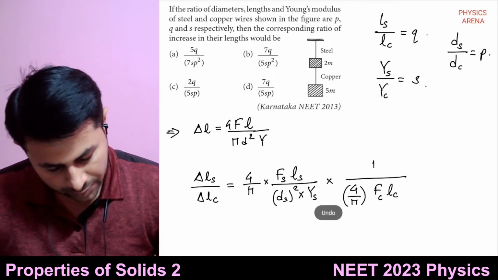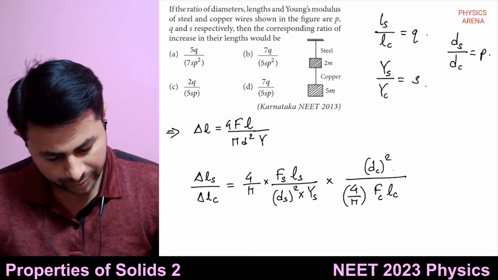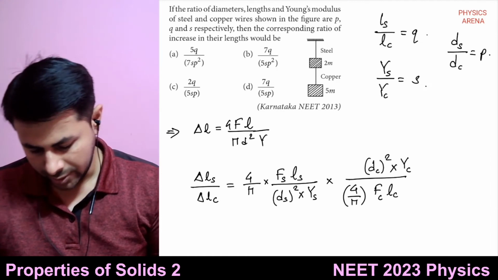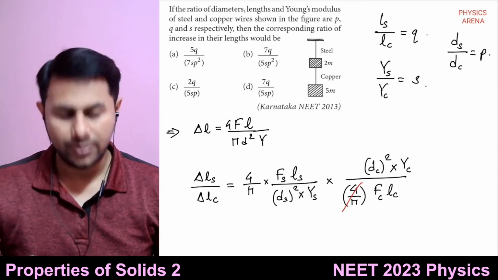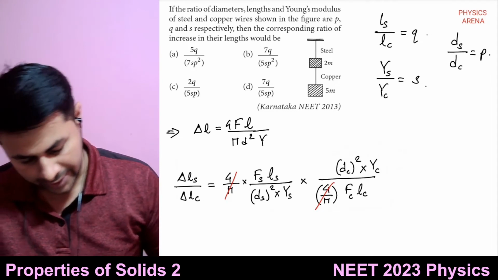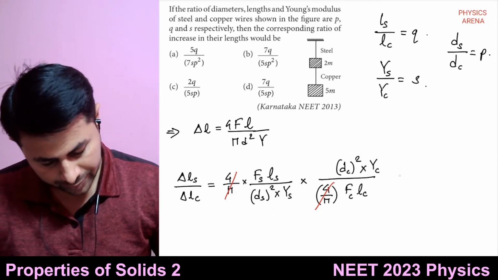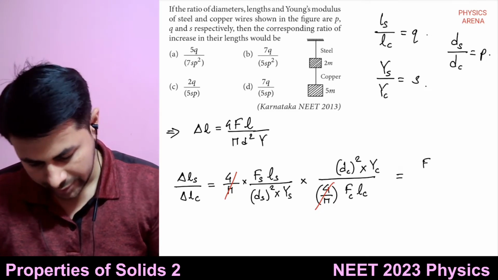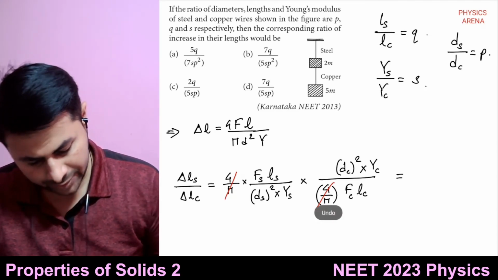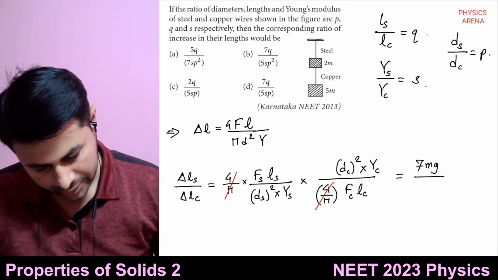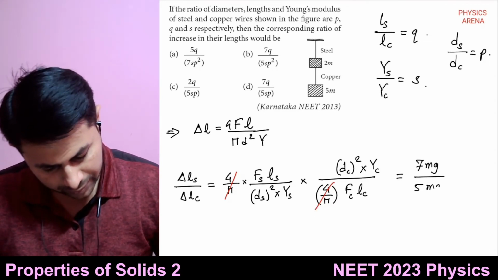This 4 by pi and 4 by pi get cancelled. After that, what do we get? We have force on steel, 7 mg, upon force on copper, 5 mg.